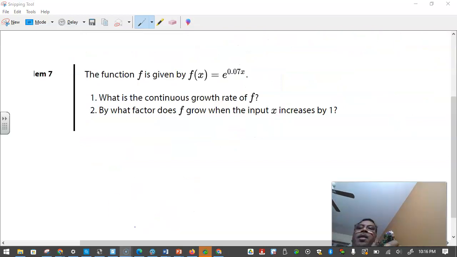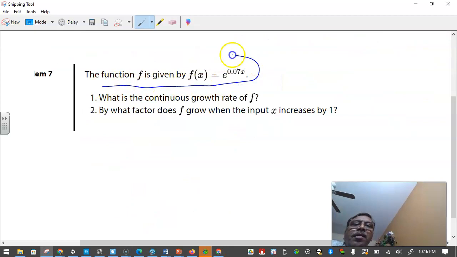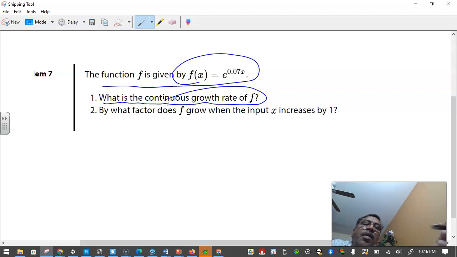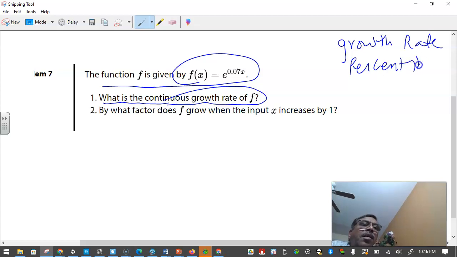The last function is given. Look at this. So they give you something. What is the continuous growth rate of this? Remember now, this is about understanding growth rate. Growth rate is either percent increase or percent decrease, right?